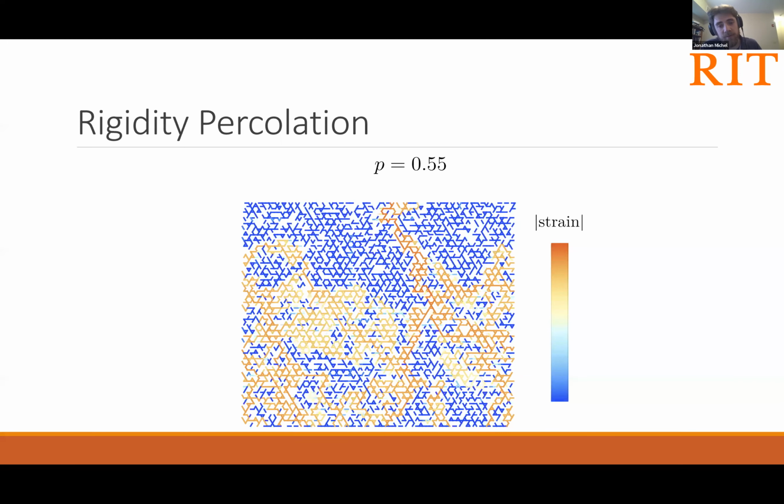Now, if I increase the fraction of material I keep just a little bit, there's no longer a zero energy way to accommodate a shear deformation, and we see now this percolating network, hence the name, of bonds that are under strain. And so now it's costing some non-negligible amount of mechanical work to deform this network.